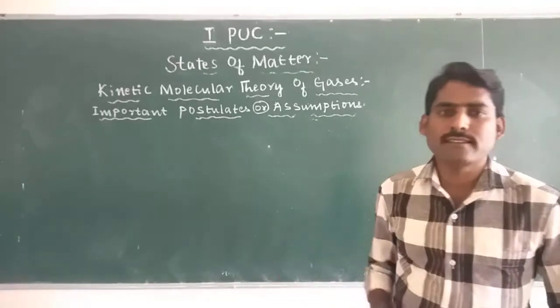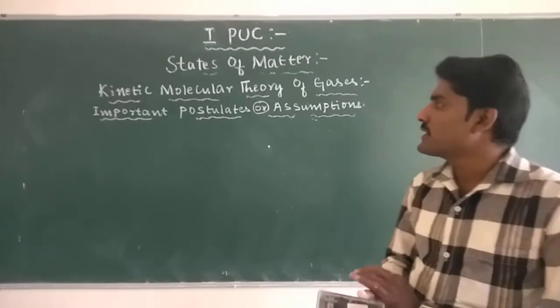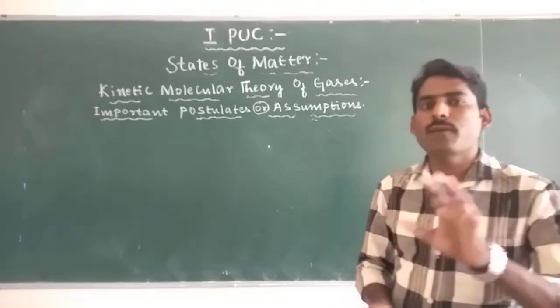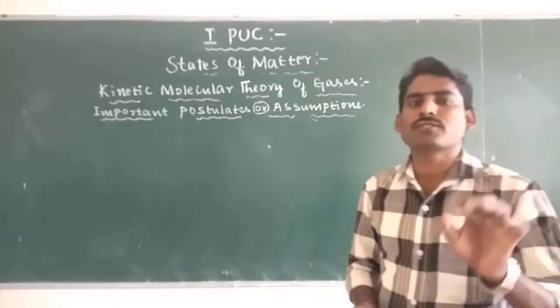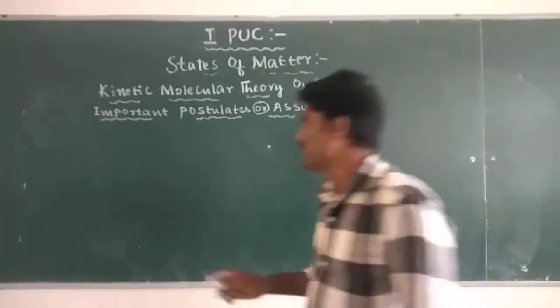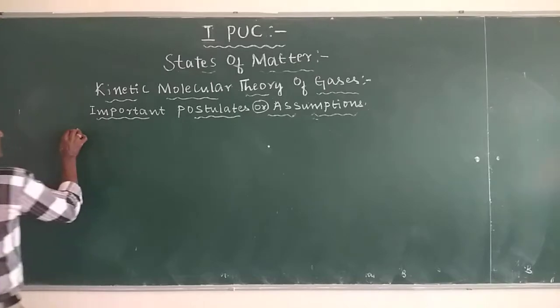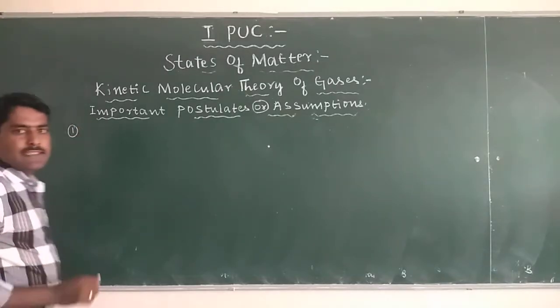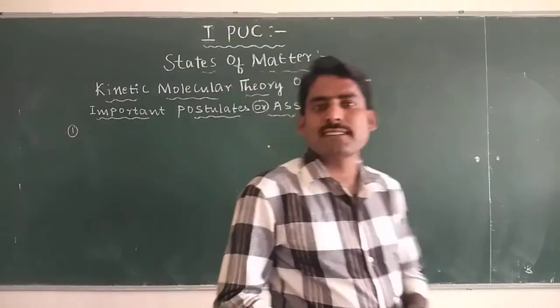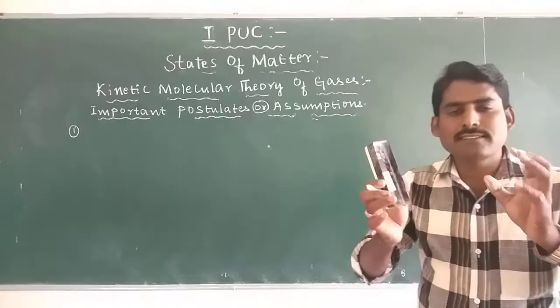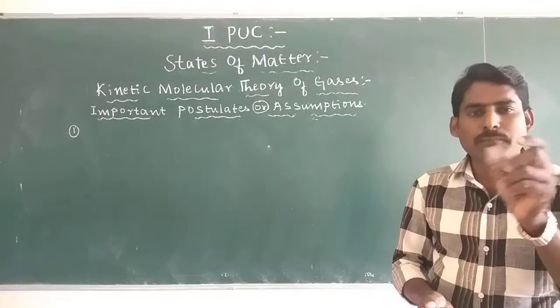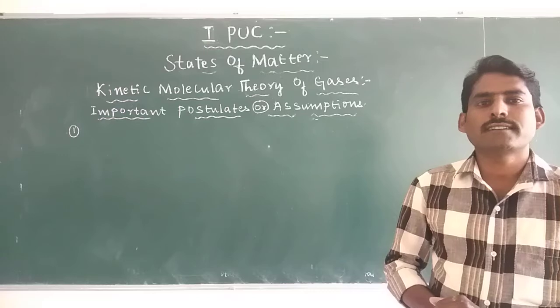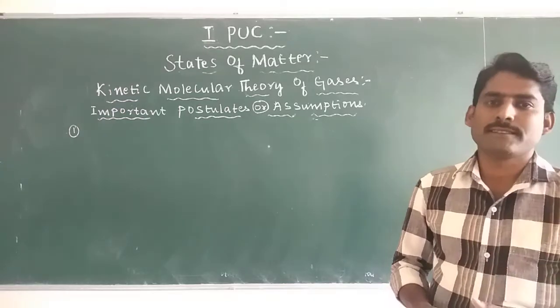According to the kinetic molecular theory of gases, we have 7 important postulates or assumptions. Number 1: gases consist of a large number of very tiny particles called atoms and molecules.